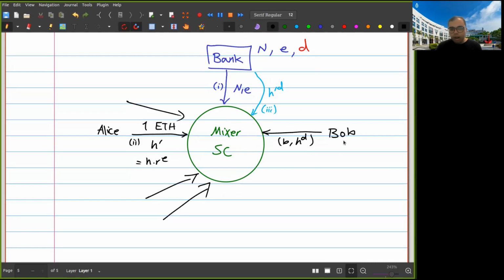But here, when Bob sends some message like this, the smart contract can actually verify that this is the correct signature, and then the smart contract can give the money back to Bob. So the smart contract gives 1 Ether to Bob.